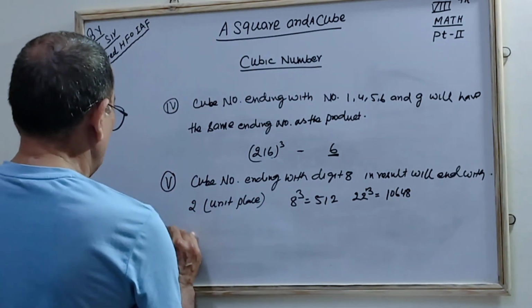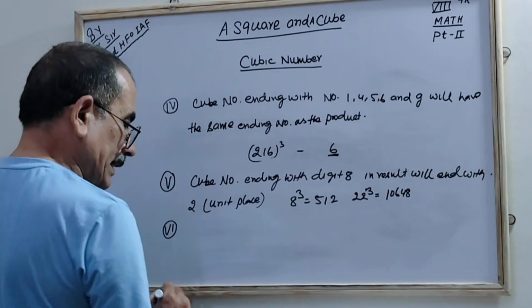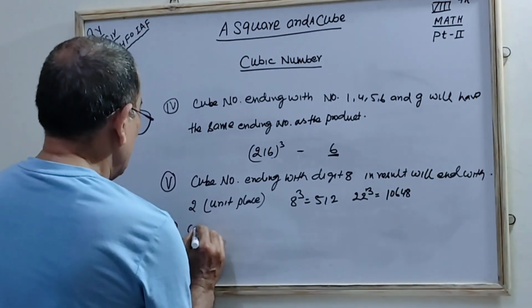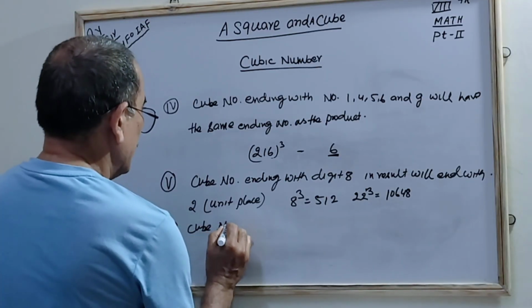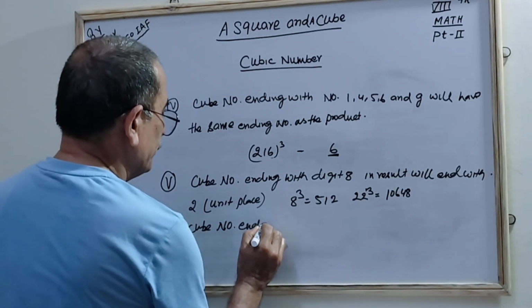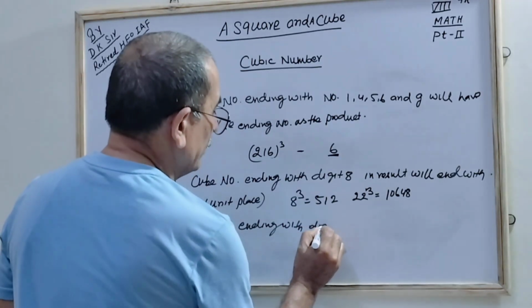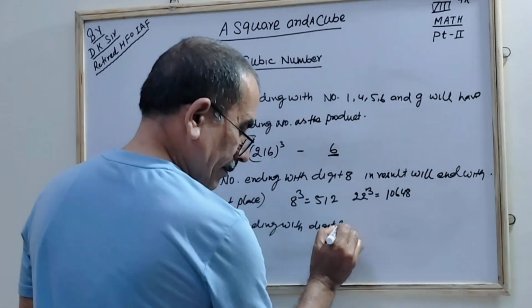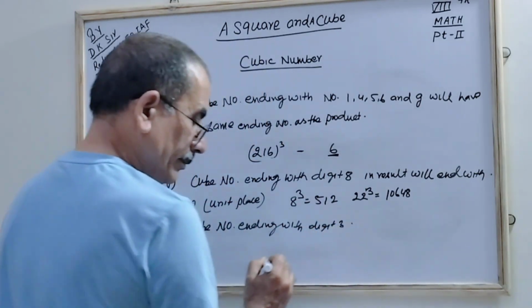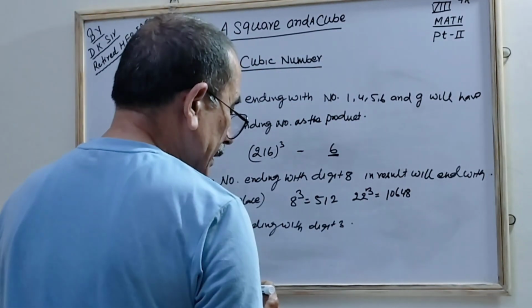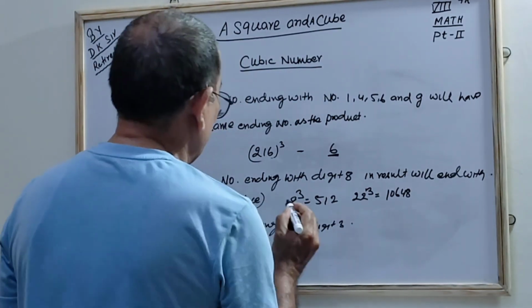The next example is the 6th. What is the 6th example? The cube number ending with the digit 3 will have a result ending with the digit 7 and vice versa.